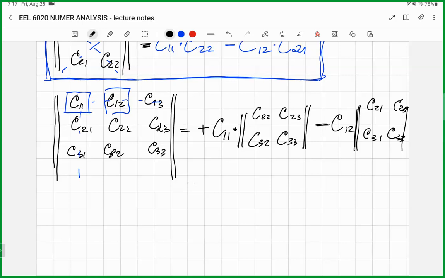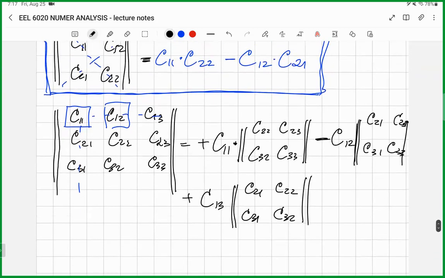And then plus, because 1 plus 3 is 4, C13 and the determinant of C21, C22, C31, C32.